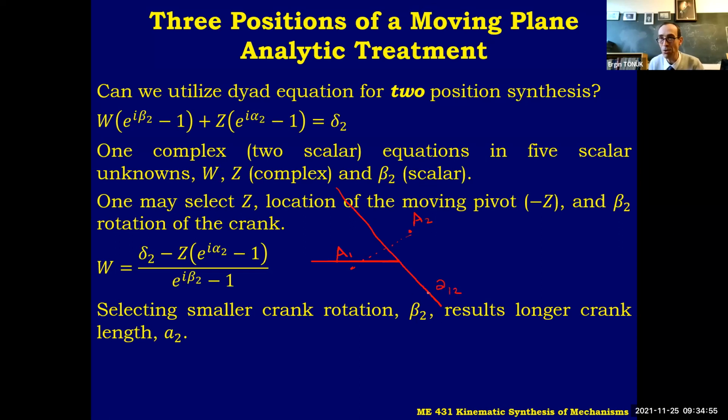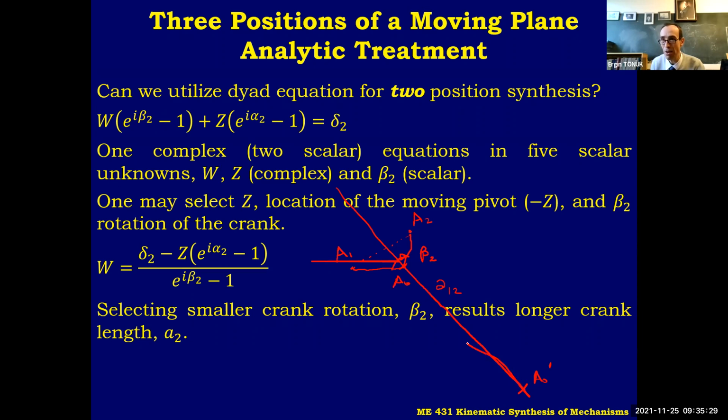Now, if you select your A0, say somewhere here, then your crank length would be small and your beta 2, if you like, would be large. But if you select your A0, say here, that was my A0.